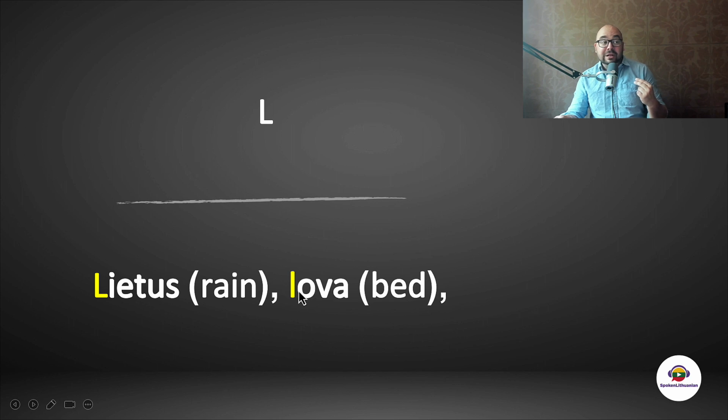It's lova, like love. So if you don't have the softener, it's kind of similar to English L, like lova. But if you have the softener, it's like lietus, okay? So you will get used to it, don't worry.